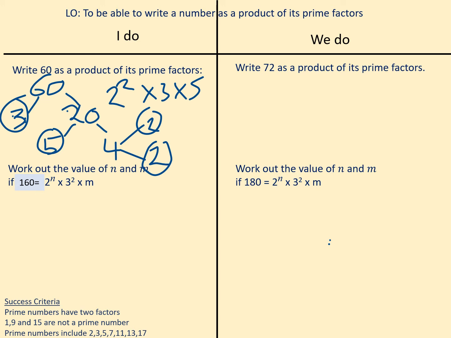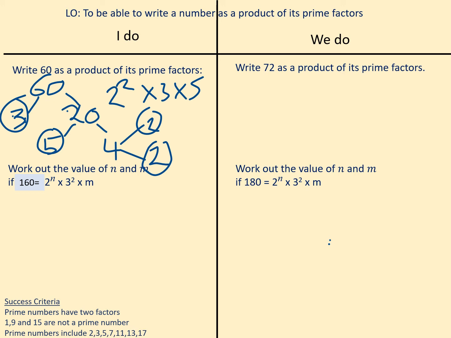So let's look at the 20 now. Well, 5 is a prime number. 5 times 4 is 20. So we can circle the 5 because that's a prime factor. 4 isn't a prime factor. So 2 times 2 is 4 and 2 is a prime factor. So our answer to that question is 2 times 2, so that's 2 squared, times 3 times 5.